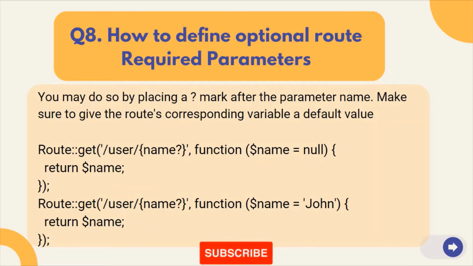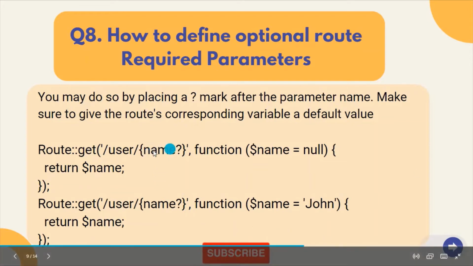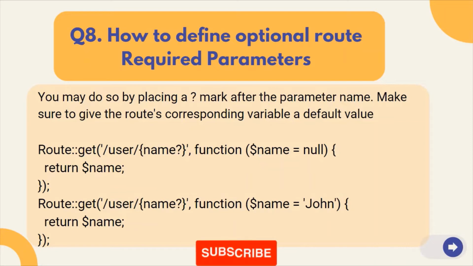You can define it by putting a question mark after that parameter name. Just like Route::get with user name, and then we put a question mark. That means this particular section is optional. So if we have the name, it's okay. If we don't have it, not an issue. But if we remove the question mark, then you always have to give the name.